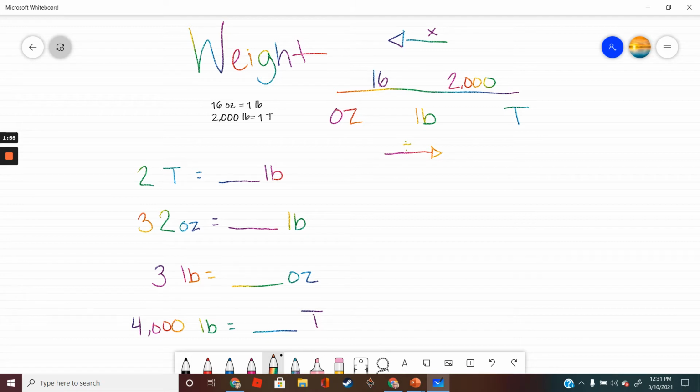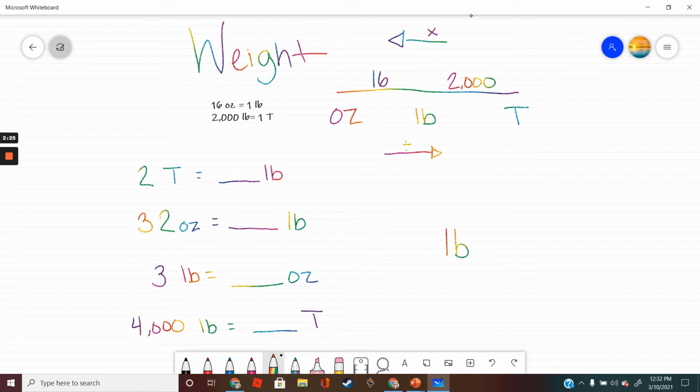And then determining which way we go, if we're going to the right, so if we take ounces to pounds or pounds to tons, then that's a divide. If you're taking a smaller unit and going to a larger unit, you're going to divide your number. But if you are taking something from a large unit, tons, all down to pounds or ounces even, that's a multiplication. Same exact process that we have been doing.